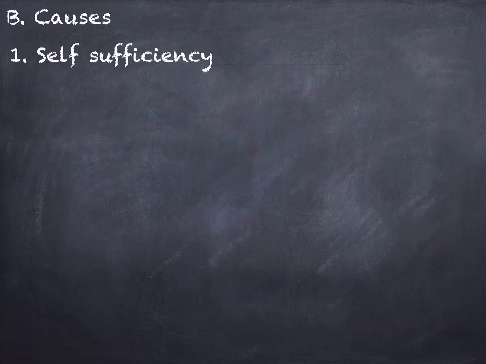Now, what are the causes? Why did places in the late 1800s and early 1900s feel like they needed to go around the world and take over inferior nations? Well, there was a need around the world to be self-sufficient. Countries, especially countries in Europe, didn't want to depend on each other for resources.